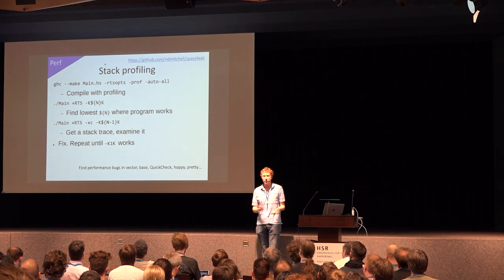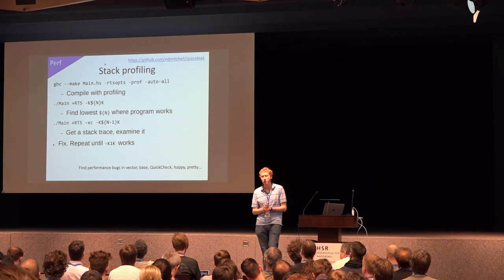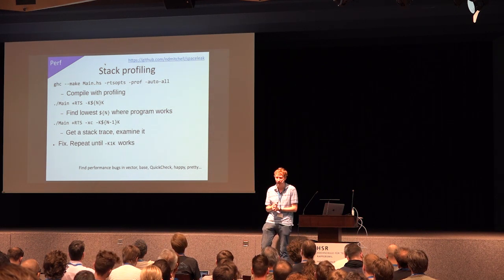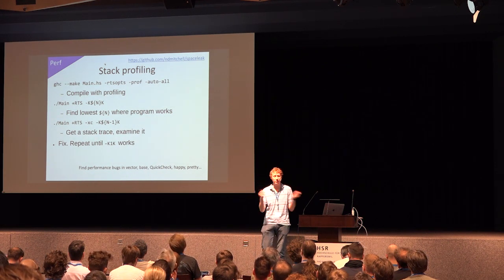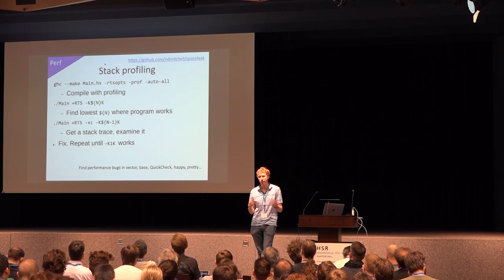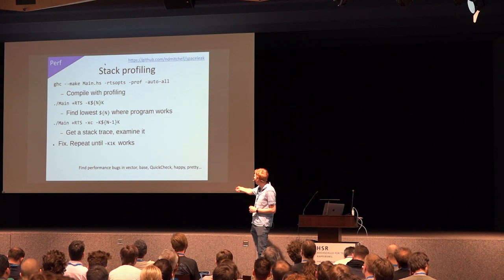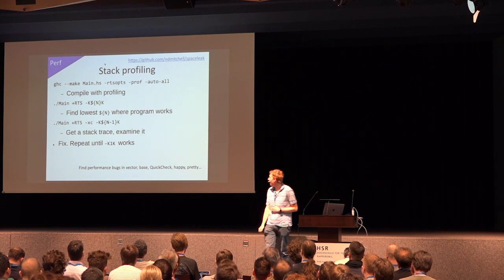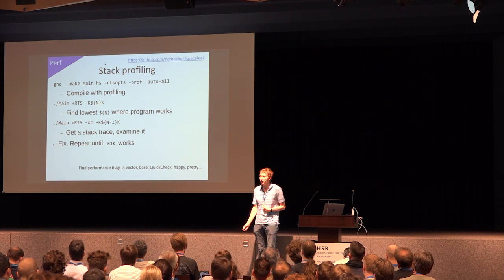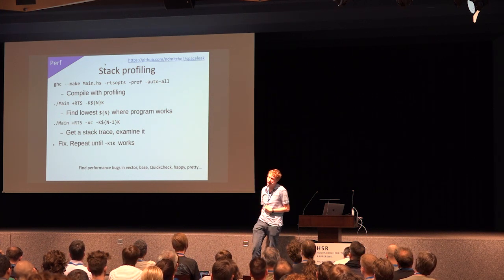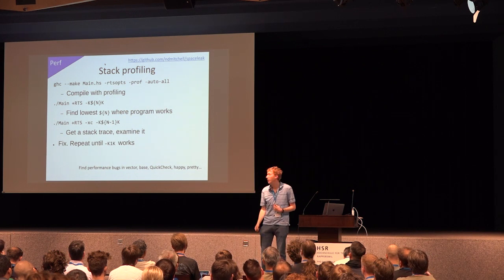Stack profiling. Some programs use too much stack, and often this is due to a space leak, when there's memory being retained by lazy thunks that should be forced. There's a little recipe for how to do it. Rather than go through it now, I will say this recipe is on this link, and these slides are all on my website.